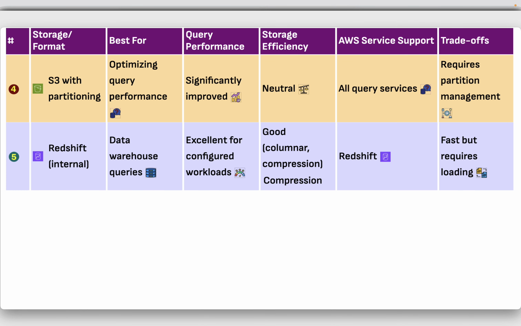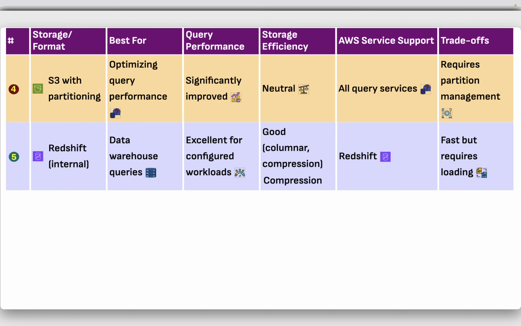Next, we have Redshift internal. It is best for data warehouse queries. Query performance excellent for configured workloads. Storage efficiency good. It's a columnar based data model. It provides compression. Service support only Redshift, and trade-off: it's fast but requires loading.